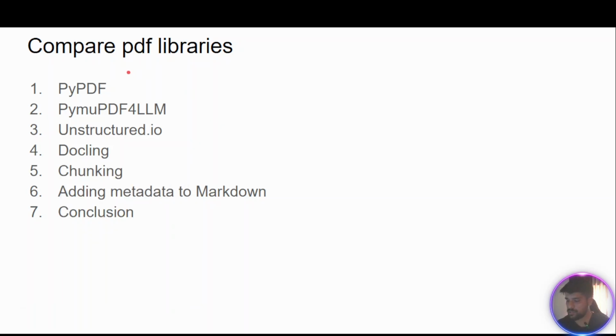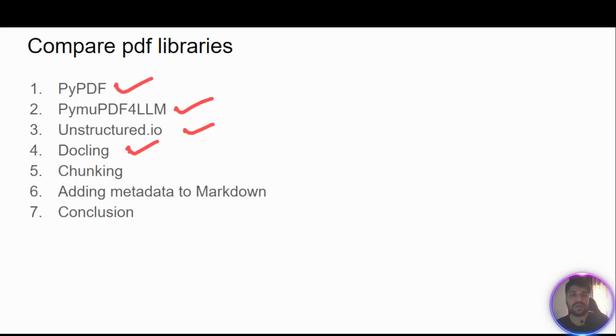PyPDF, this is a very popular library. Nowadays, almost all LLM frameworks integrate this PyPDF library, for example LangChain or Llama Index. Second, a very popular one called PyMuPDF for LLM, then Unstructured.io, and the most recent one, Docling, developed by the IBM developer teams.